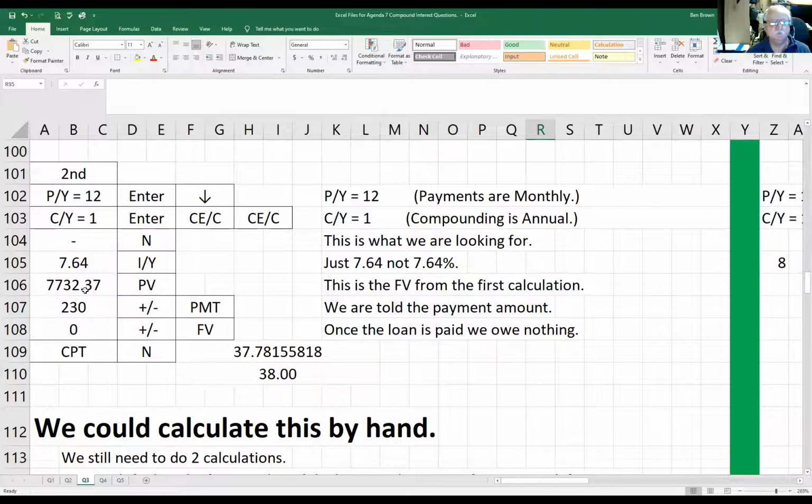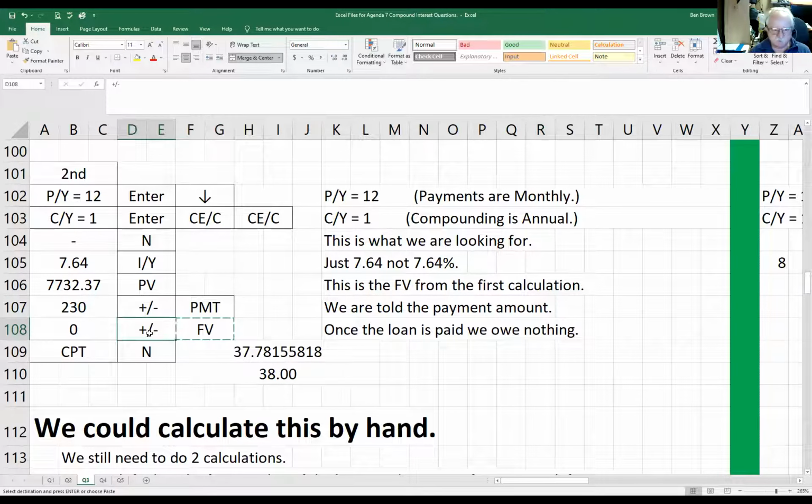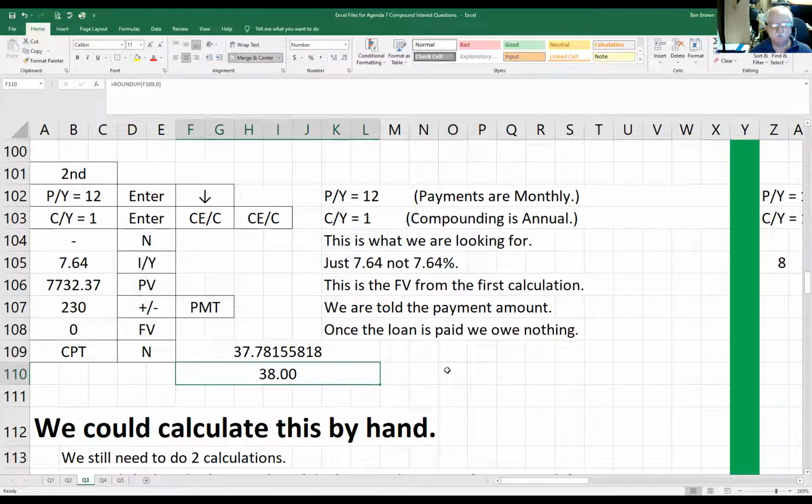Here we're using the future value from the first calculation becomes the present value for this time period. But she makes payments, so these are negative. I have no idea why this says plus minus. It should just say future value. And we compute N, and we get 37.78 again, which we round up to 38, which we're interpreting as 38 payments, because they haven't really asked us about years, months, and days.